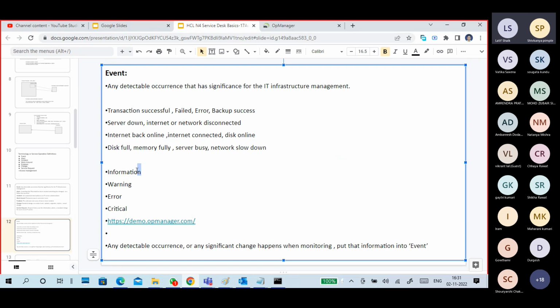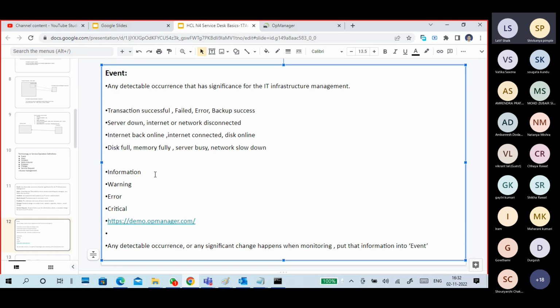Okay, guys. In events, informative events will occur, warning events will occur, and error events also will occur. Informational means mostly successful events. For example, I inserted a new hard disk online: information. Hard disk is full: warning.